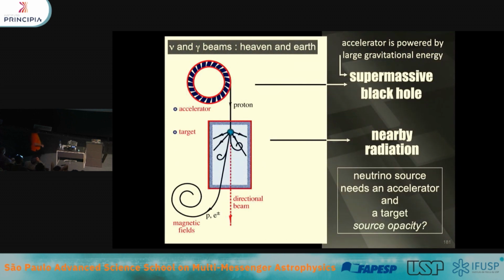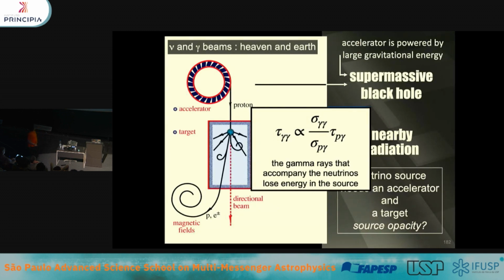So why is that the case? We're going back to this issue of what's going on in these sources. One hypothesis is that maybe the gamma rays emitted together with that neutrino are getting trapped in that source, or somehow cascading down in that source. And how can we understand this?